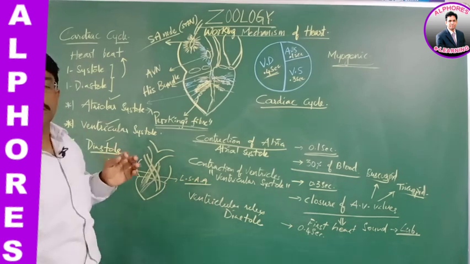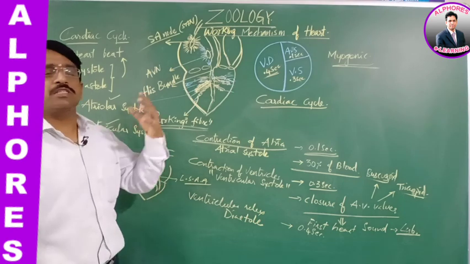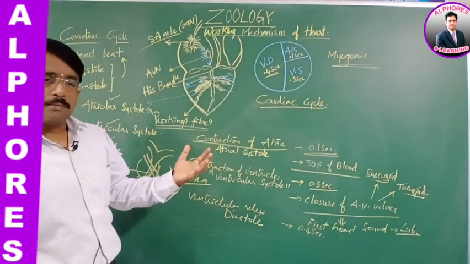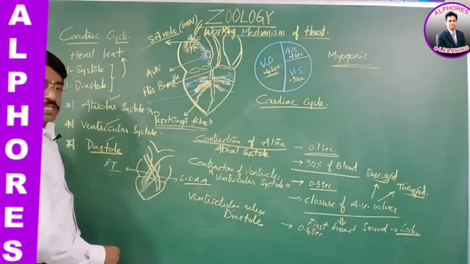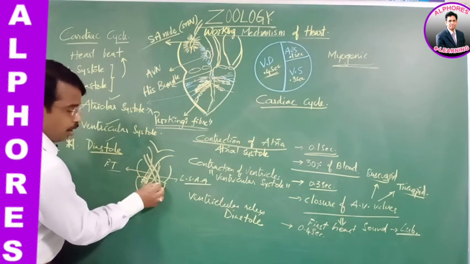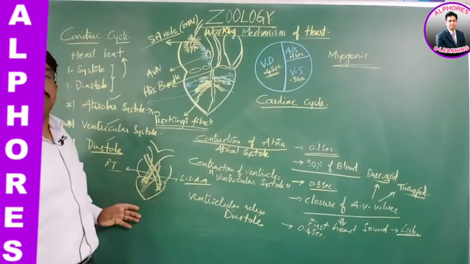When the pressure decreases in the ventricle, pressure increases in the aortic arches. The pressure increase in the aortic arches closes the semilunar valves, the half-moon shaped valves.